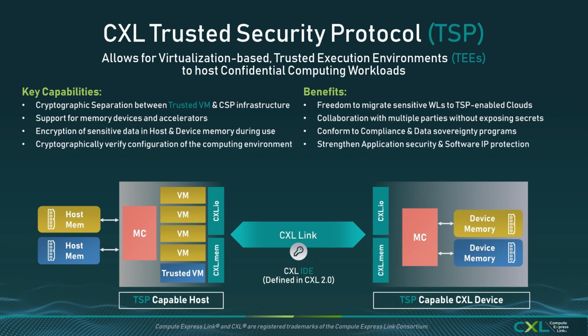IDE stands for Integrity and Data Encryption, and just followed what was done on the PCI side. So this feature was in 2.0. What was added in 3.x was the whole TSP, or how to keep the data protected while it's in use.